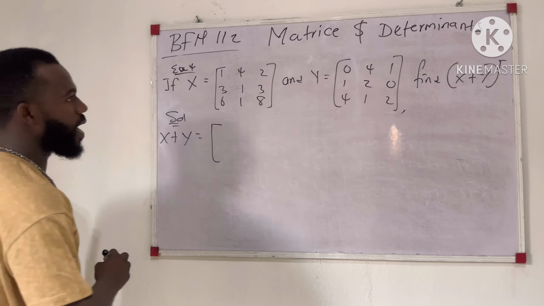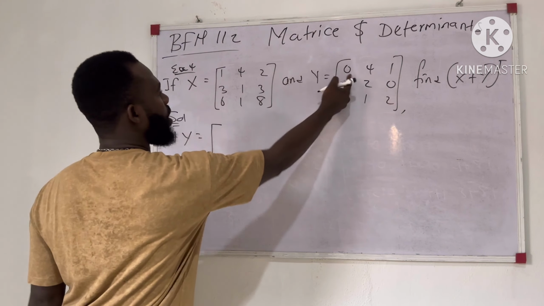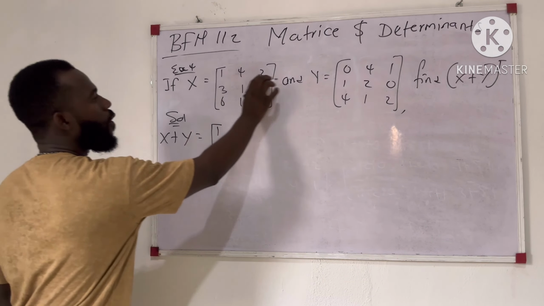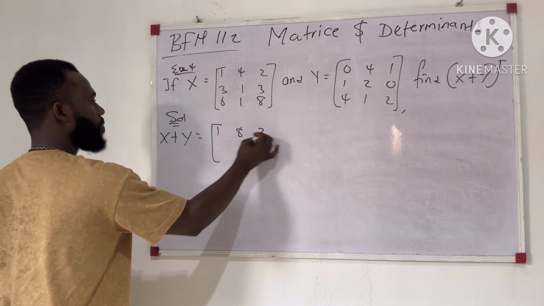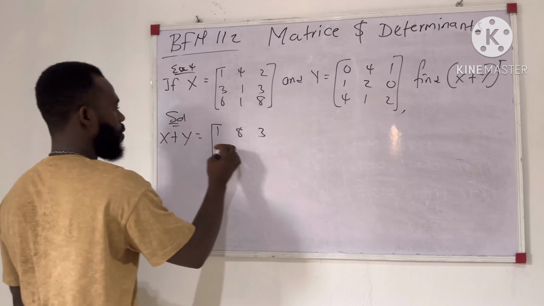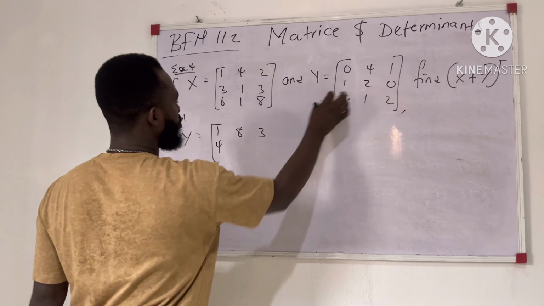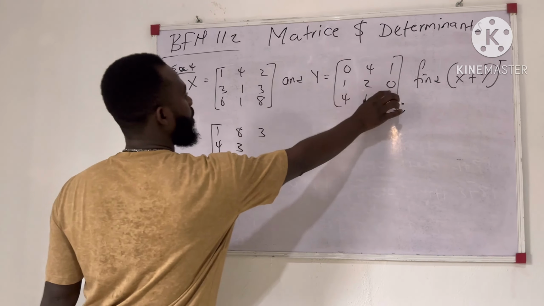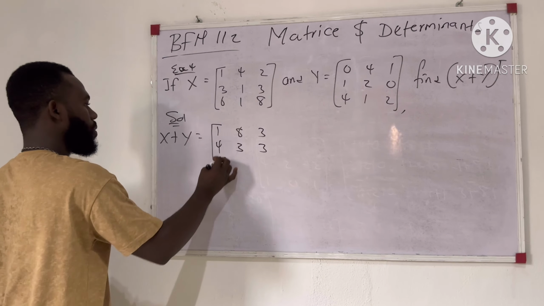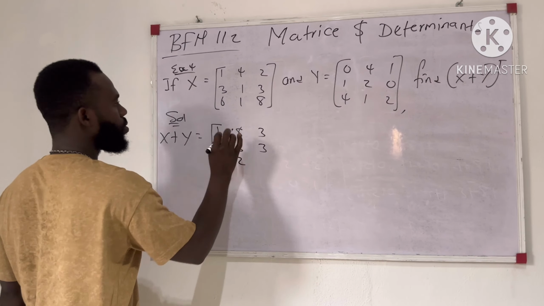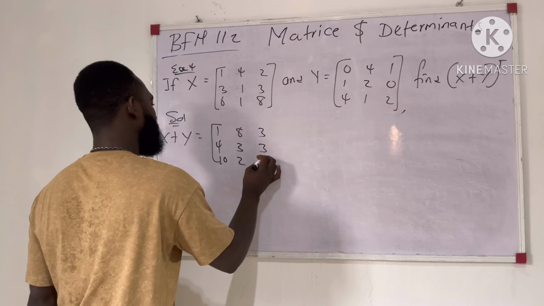X plus Y gives us 1 plus 0, 1, 4 plus 4, 8, 2 plus 1, 3. 3 plus 1, 4. 1 plus 2, 3. 3 plus 0, 3. 6 plus 4, 10. 1 plus 1, 2. And 8 plus 2, 10.